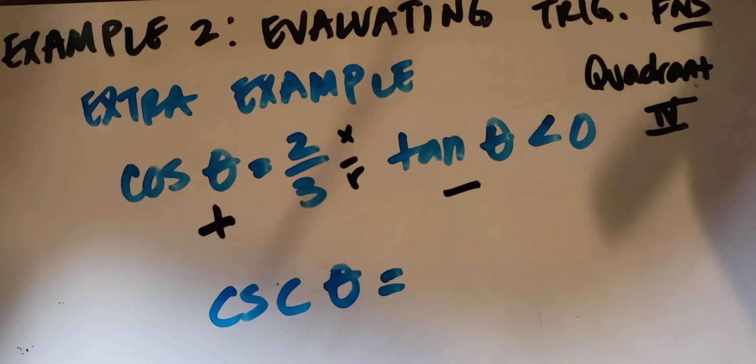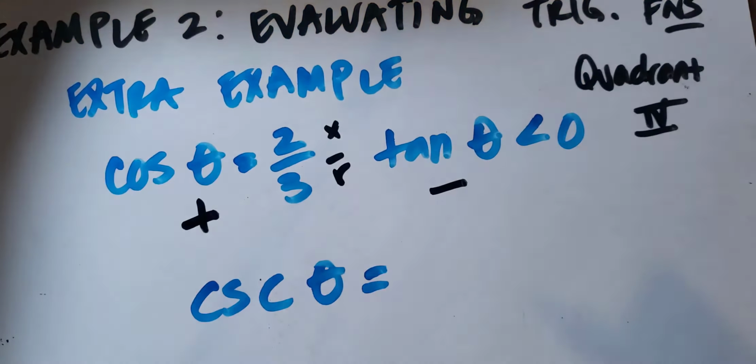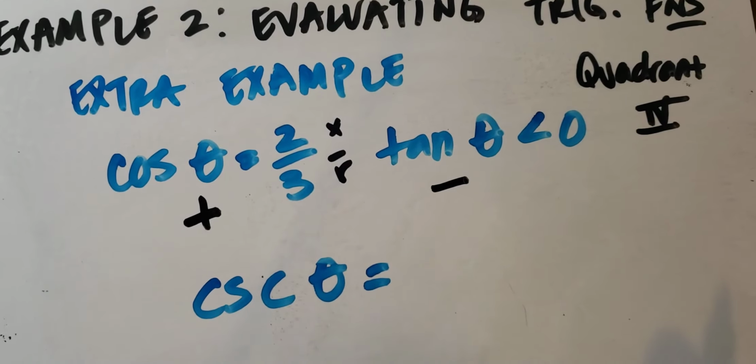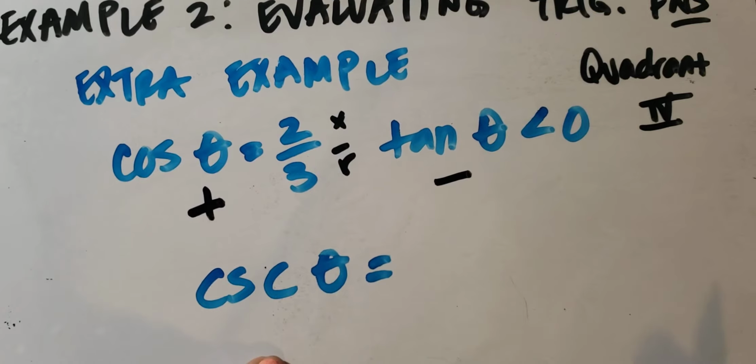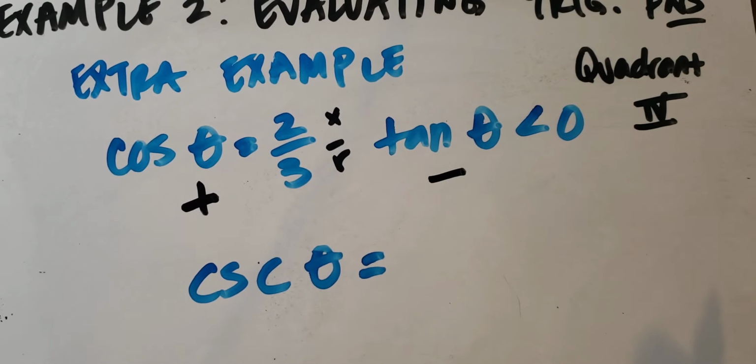Okay, why does that matter? It just kind of basically tells you if your trig function is positive or negative, and it helps you evaluate it, okay? So here we go. Now, if you concentrate on cosecant, it's basically the reciprocal of sine.